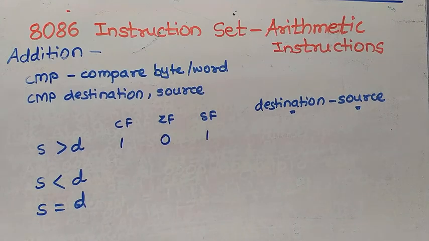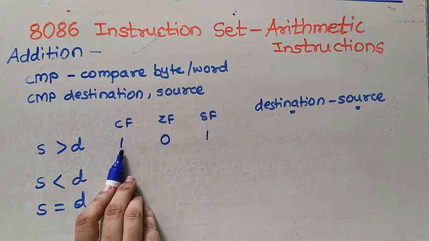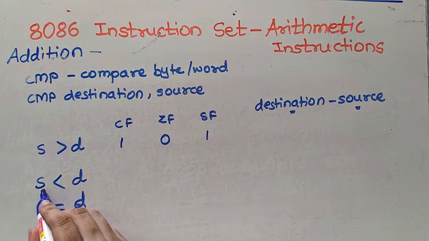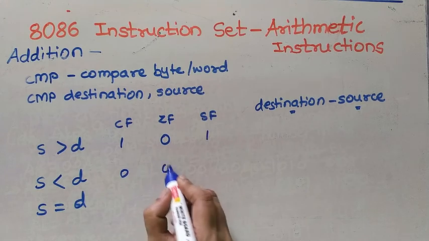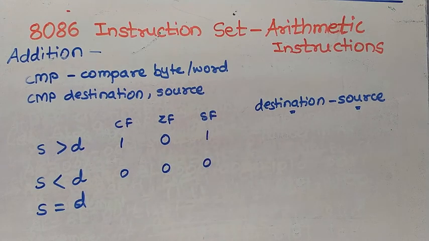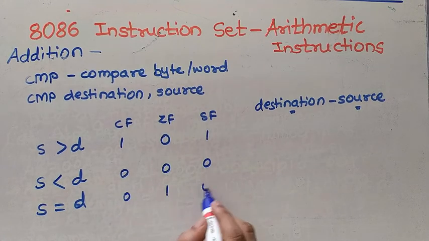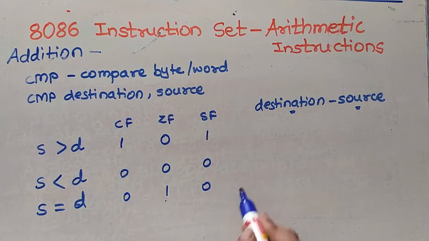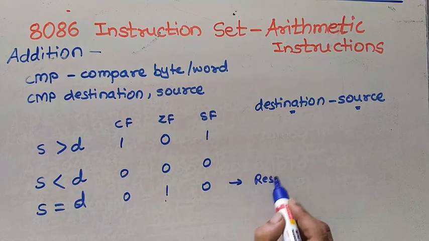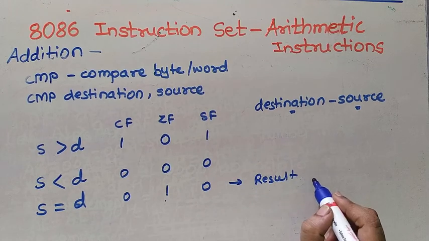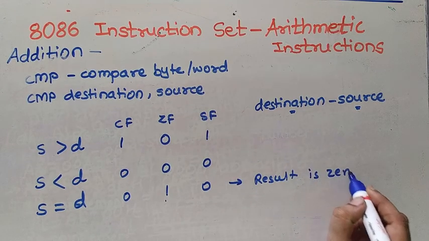So here subtraction required the borrow, that's why CF will be 1. When source is less than destination, these 3 flags will be 0, and when both are same, at that time zero flag will be set and these two will be 0. It is because result will be 0. That's why zero flag is set.